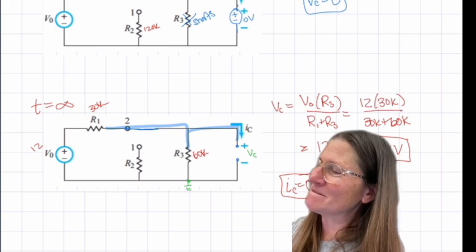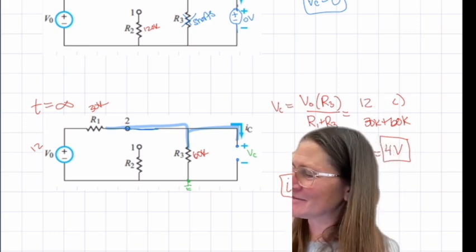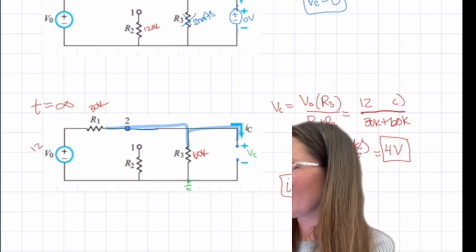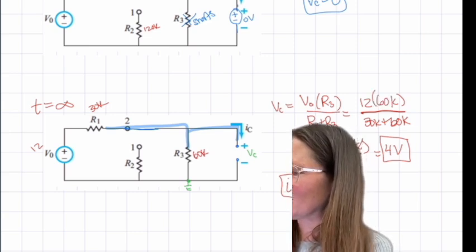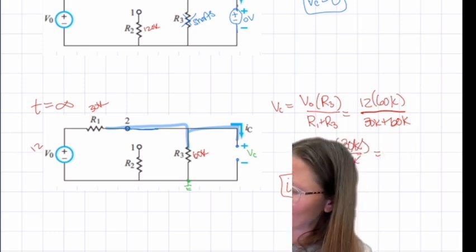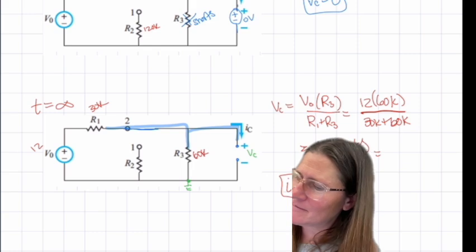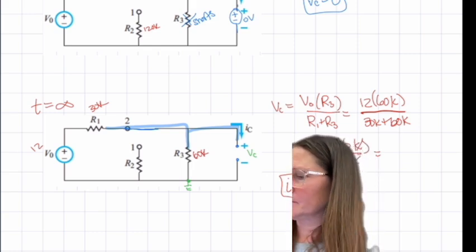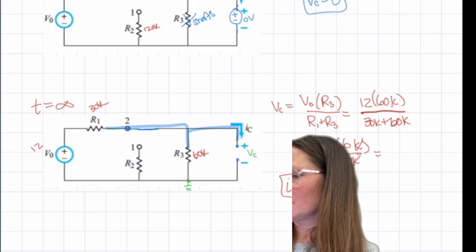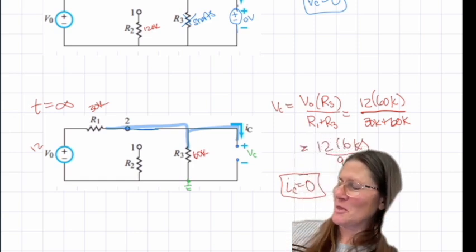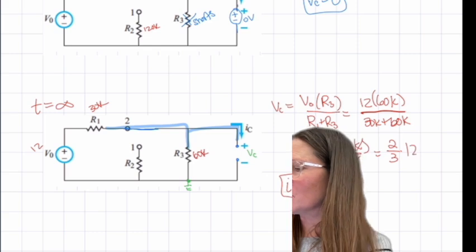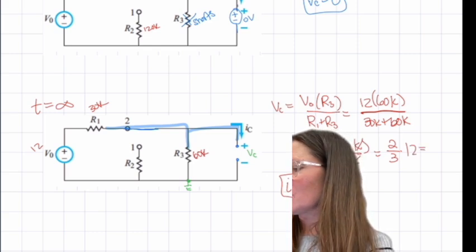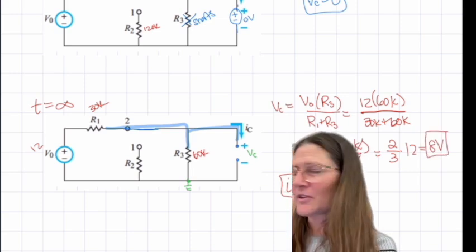Okay, 60K. So this is actually not that. 1/3, 2/3, 2/3 of 12. 8 volts. Okay, so that should be 8 volts, thank you.